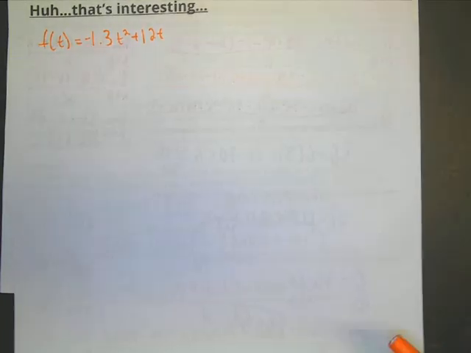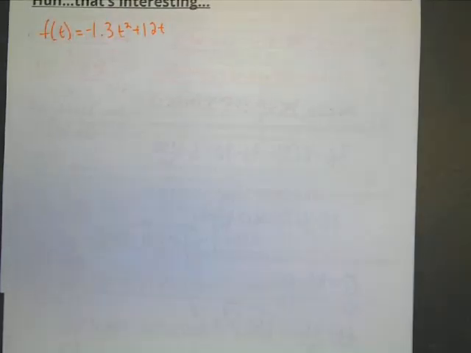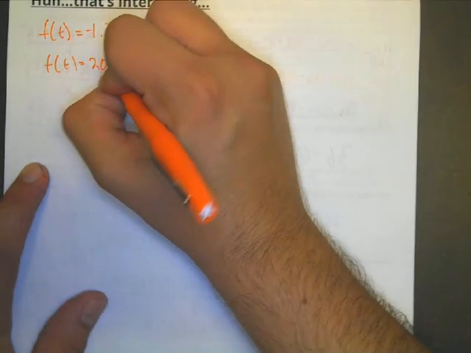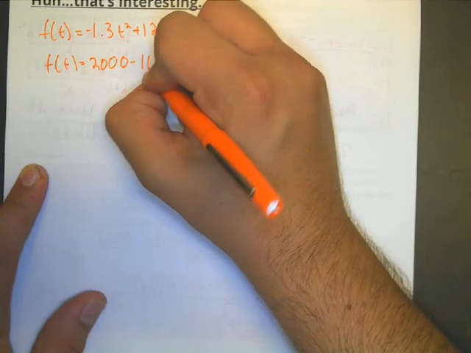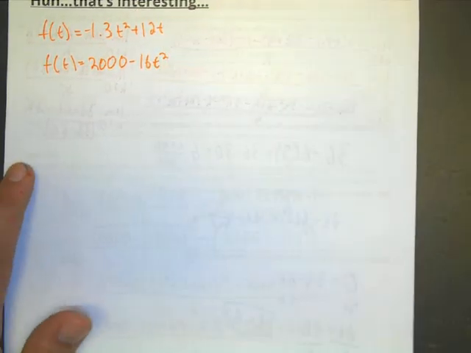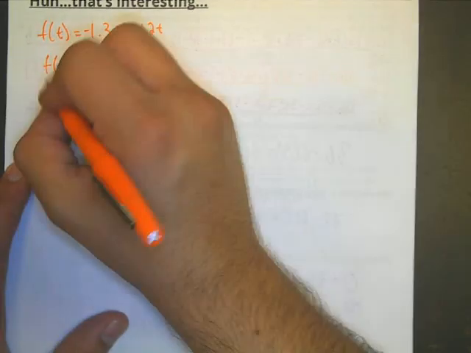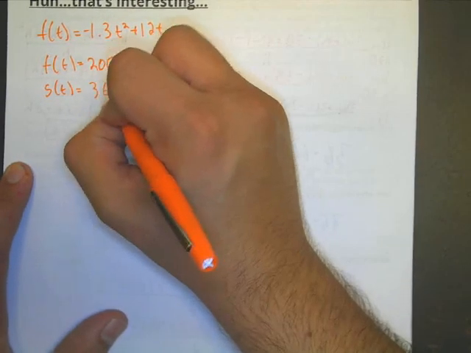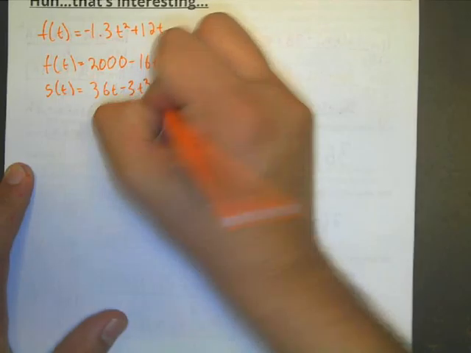Actually, I'm just going to write out the ones that we did today. So let's look at all of them. The second problem, 2,000 and t squared. And the last one with the particle was s of t is equal to 36t minus 3t squared minus 1.